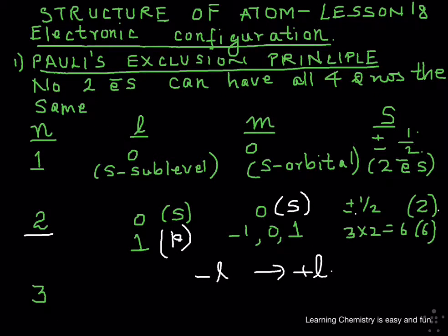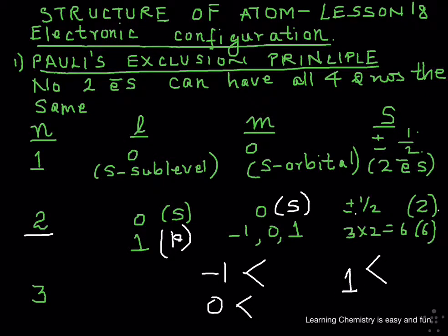Now, when I have M as minus 1, again the values of S can be plus half, minus half. M is 0, plus half, minus half. M is 1, plus half, minus half. In other words, my P sublevel will have 1, 2, 3 orbitals in all.